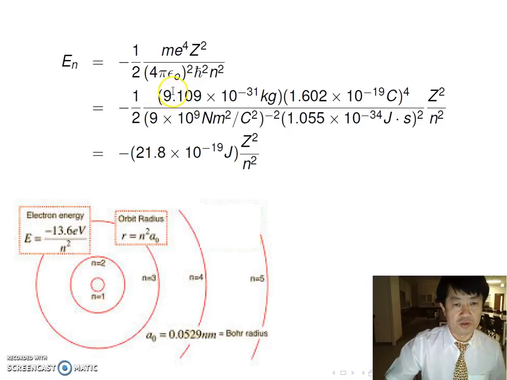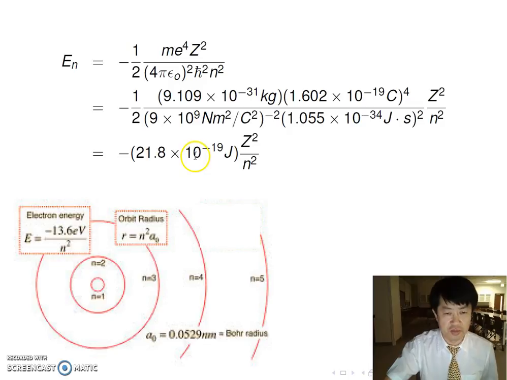We plug all the constant values in. What's left as a variable is Z and n, and this constant value turns out to be negative 21.8 times 10 to the power negative 19 joule.